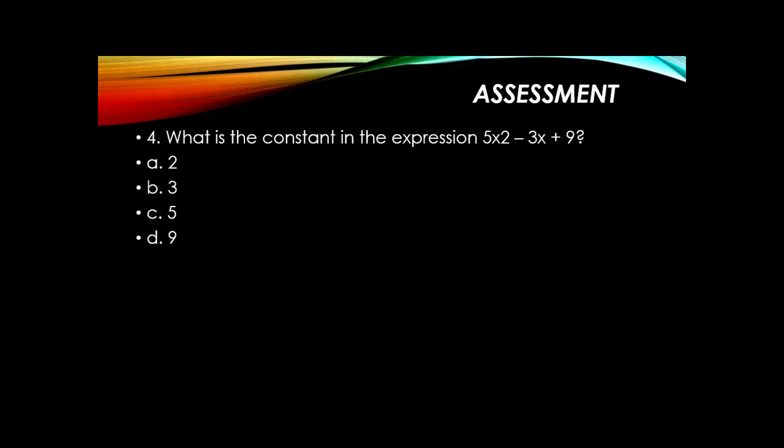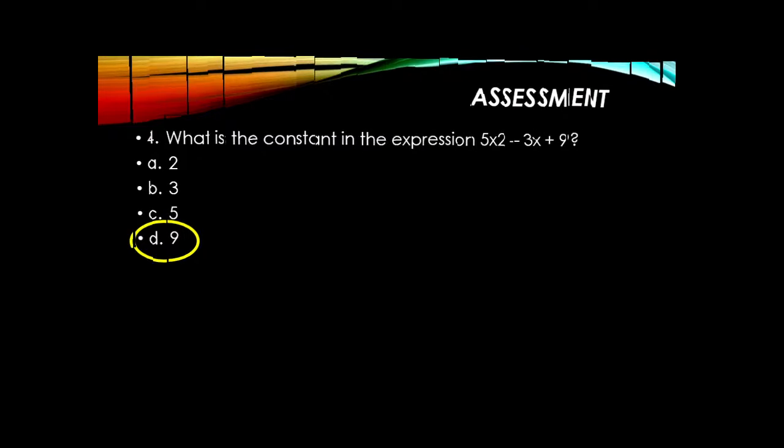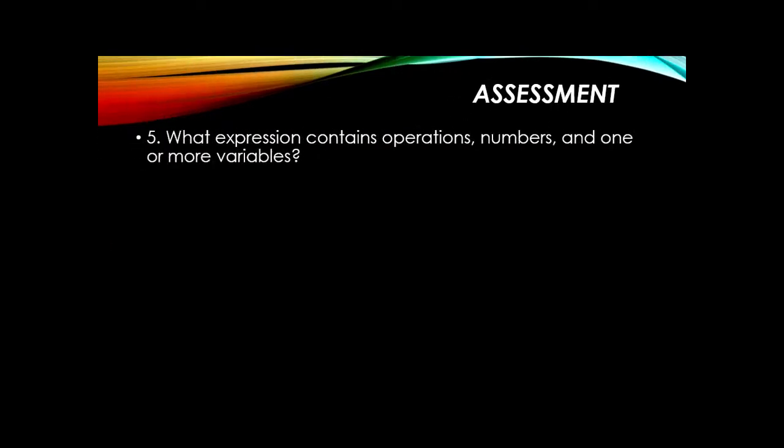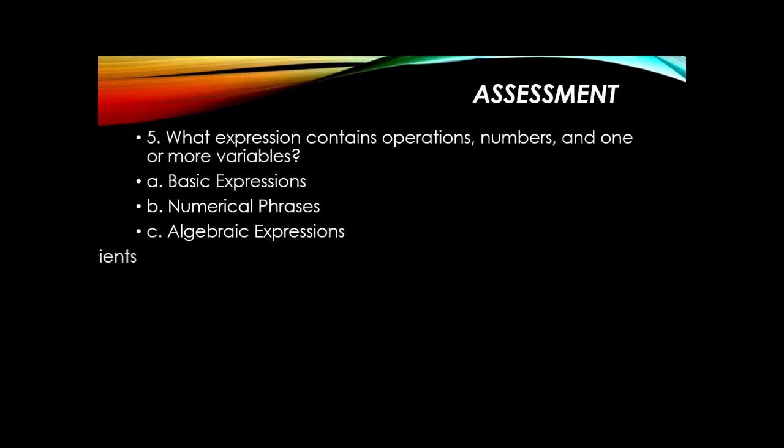What is the constant in the expression 5x squared minus 3x plus 9? Constant, the one without letters. The answer is letter D, the 9. Number 5. What expression contains operations, numbers, and one or more variables? The answer is letter C.